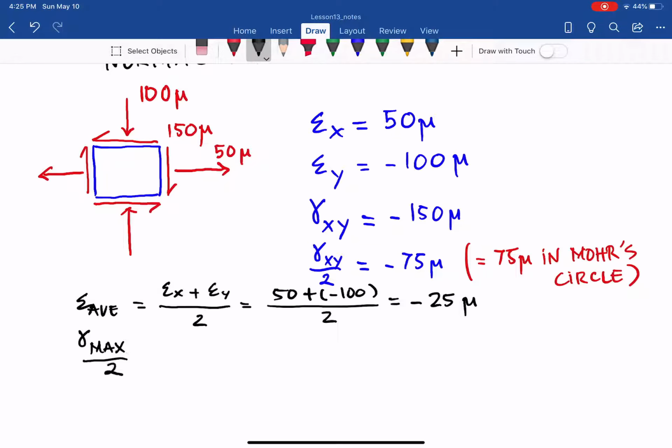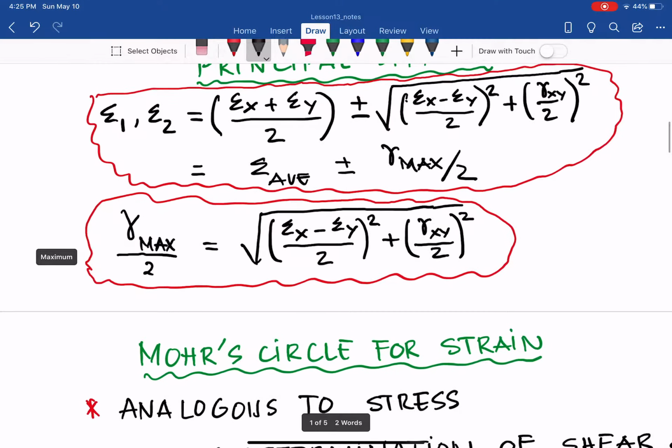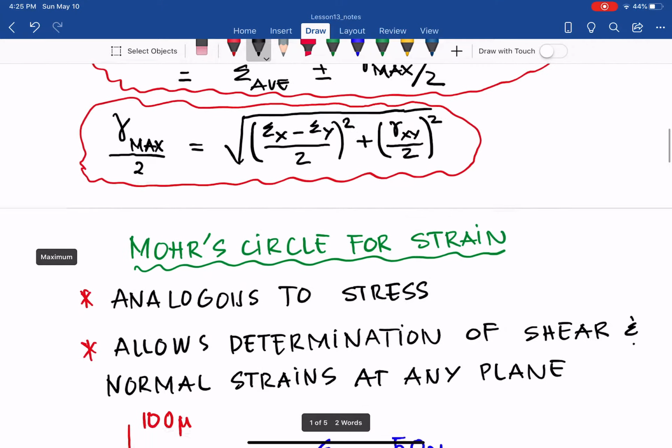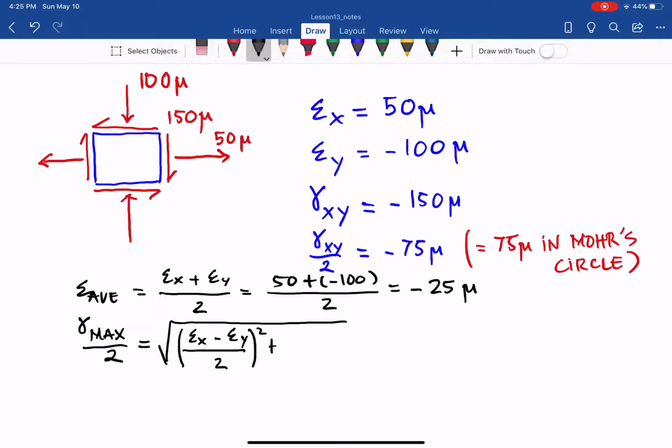And we have gamma max over 2. That is actually the radius of the Mohr circle. And if you recall, gamma max over 2 equals that equation here, so we just apply that. It will be the square root of epsilon x minus epsilon y over 2 squared plus gamma xy over 2 squared.